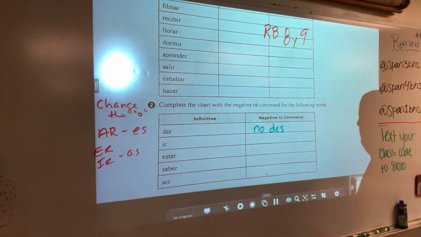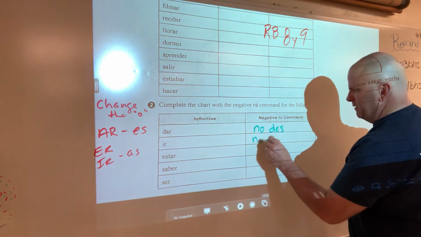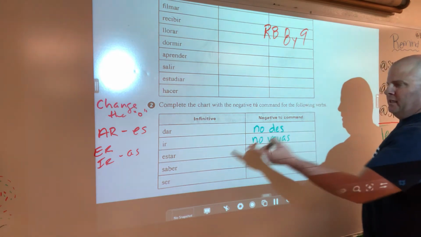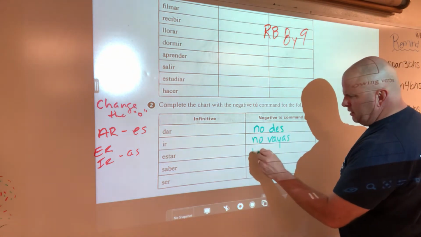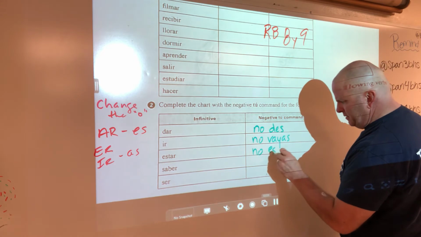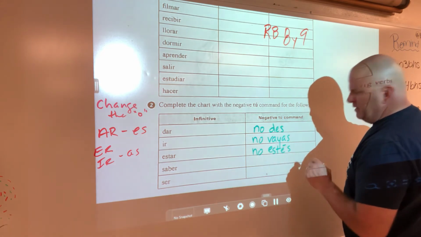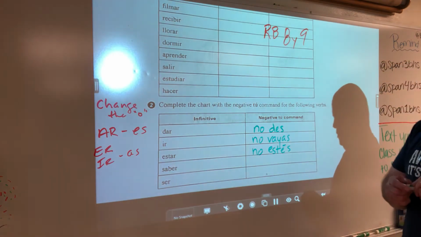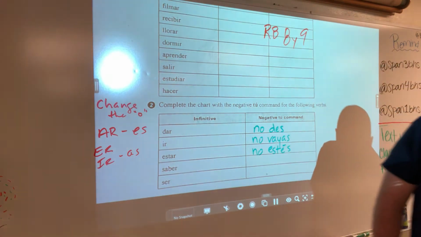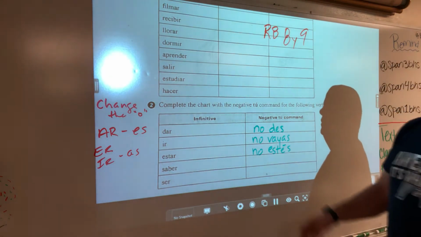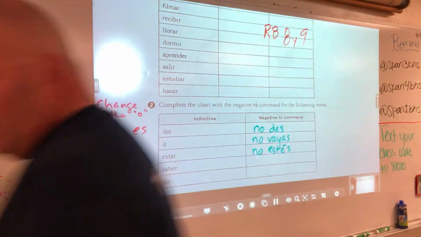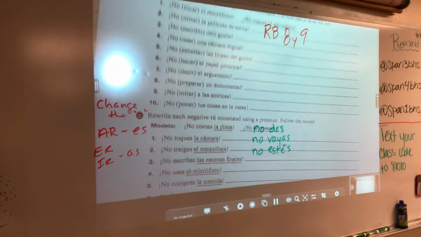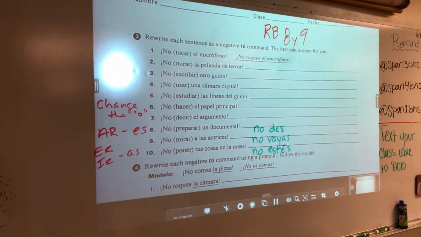No vayas. And again, you can get these right off of our notes that we took. Estar is no estés. That does need an accent. And then you can do saber and ser: no sepas and no seas. So that's the front side, just practicing our negative tú commands.